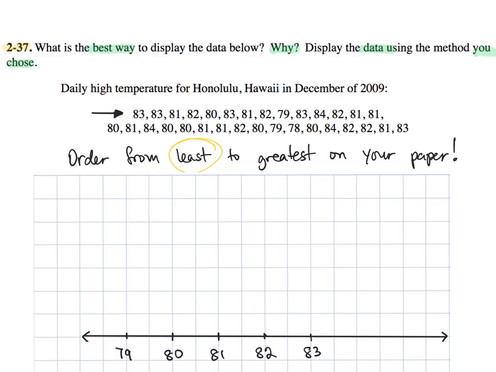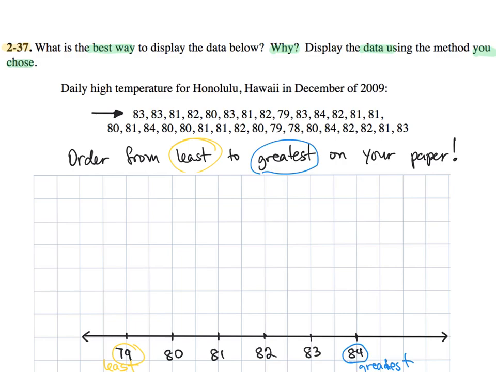I'm looking at the numbers to see which one is my highest. So pause the video and find the highest number as well. So the greatest number actually is 84, so I did it. I just want to note that, color coded for you. So that's the greatest. Now you would start plotting points right above it.